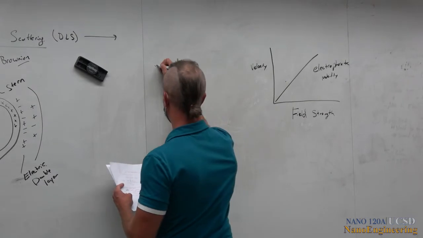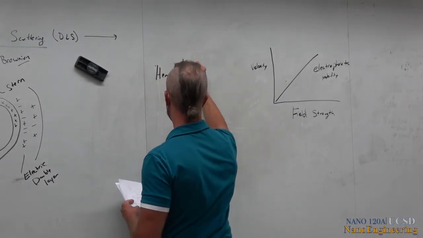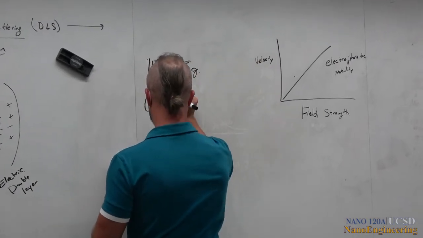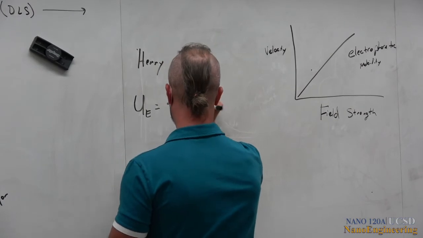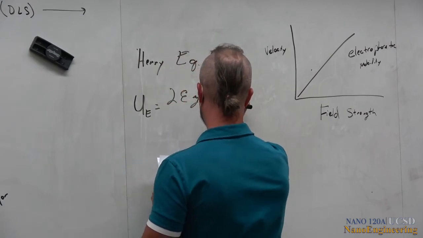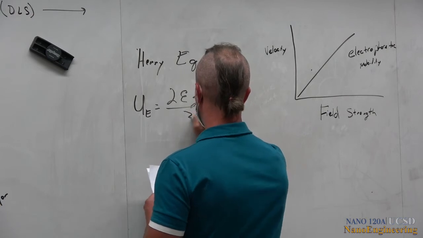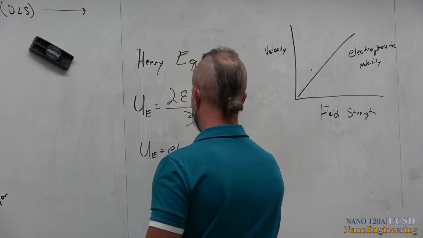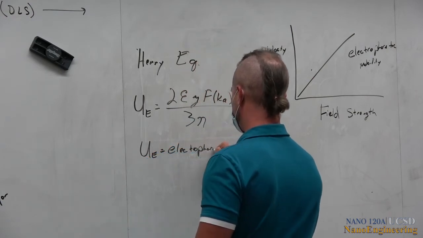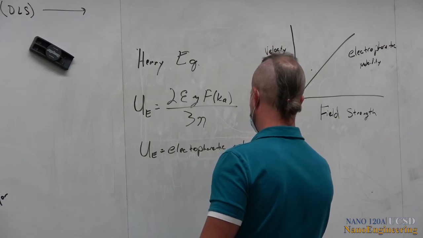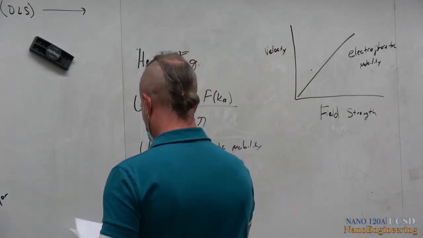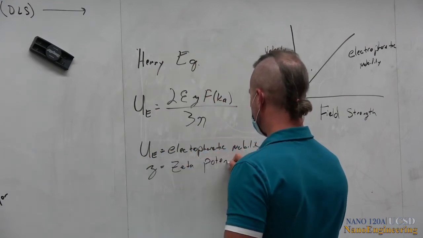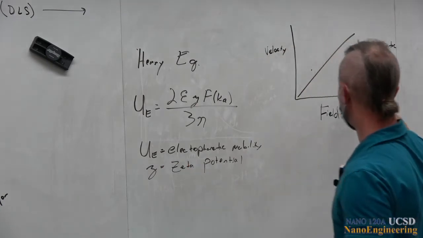And so then we're going to use the Henry equation for zeta potential. So that's going to come from our slope.